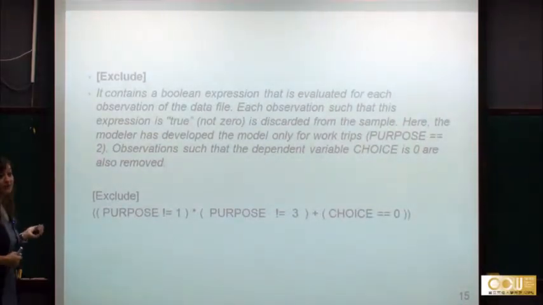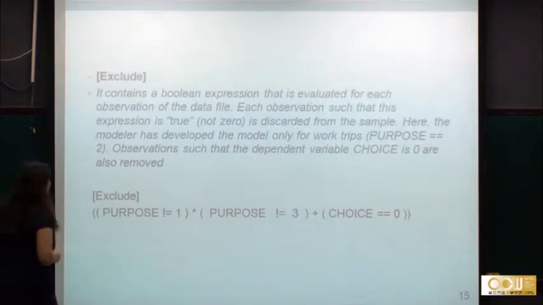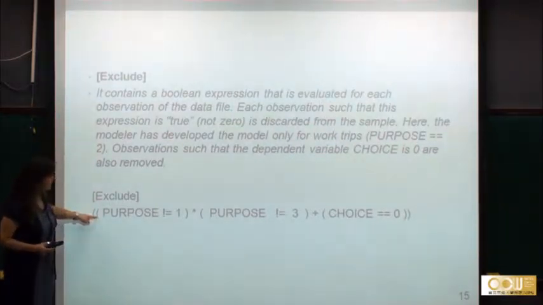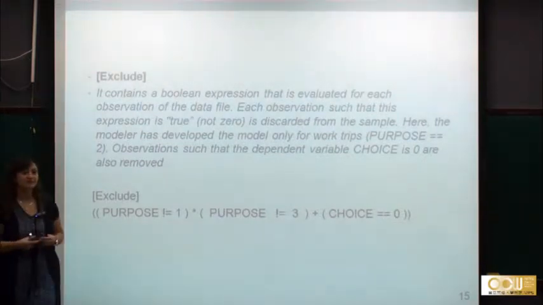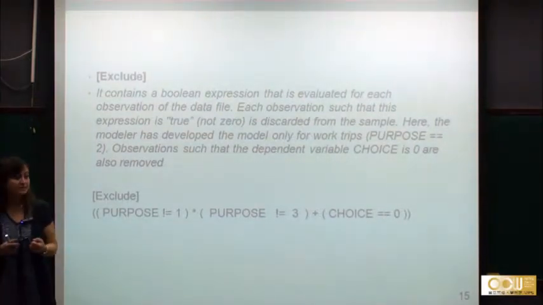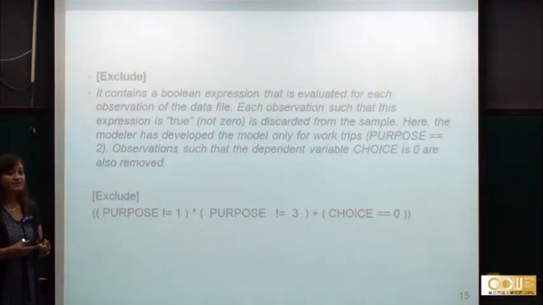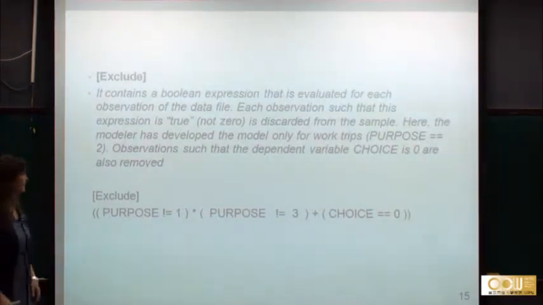But this is also important when you want to do segmentation. You want to estimate different models for different purposes. For example, different purposes: commute, shopping, leisure, and other.